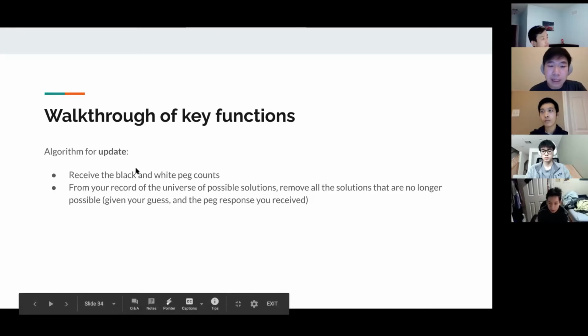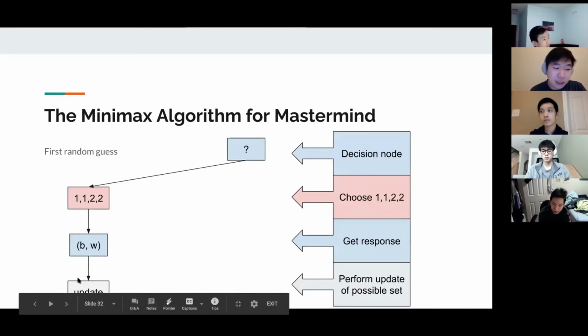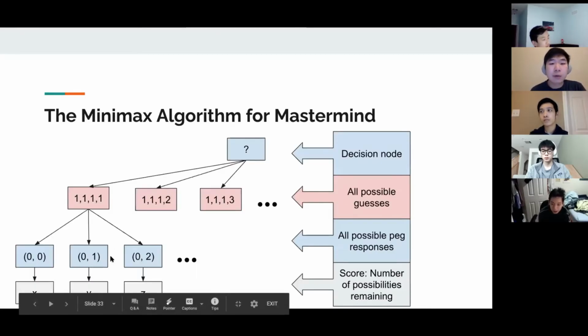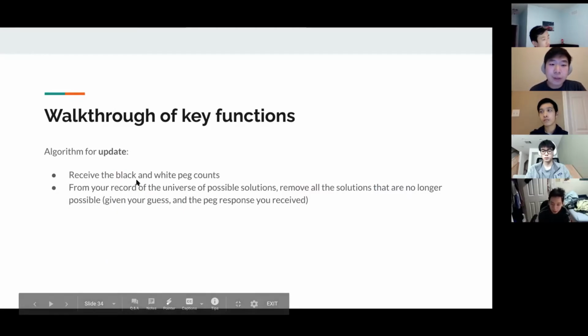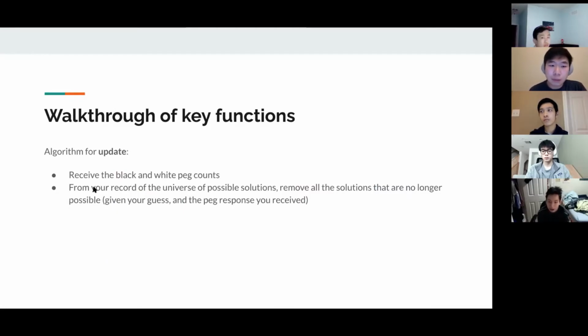So first, update. At this point, after the first guess, you have to do an update. What does that mean? After you receive the black and white pegs, from your record of the universe of possible solutions, you want to remove all the solutions that are no longer possible, given your guess and the peg response you received.